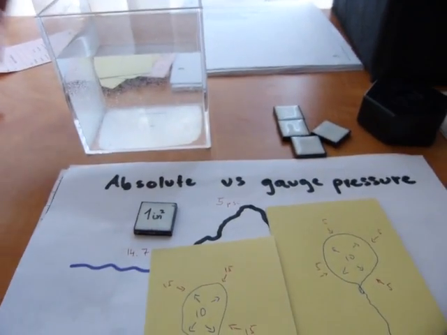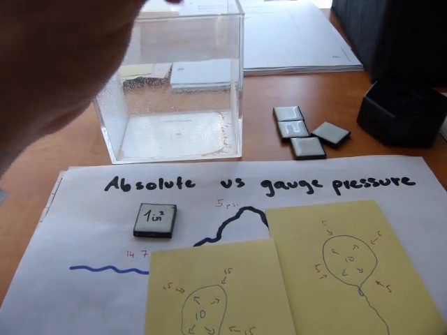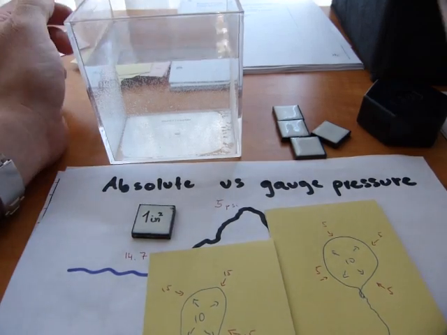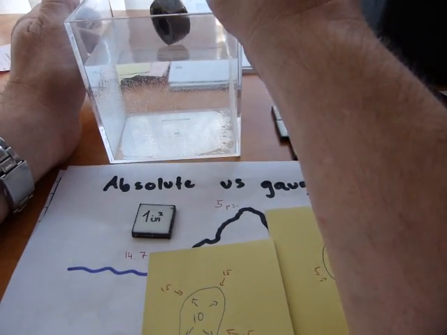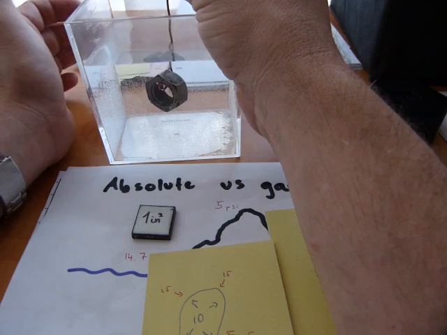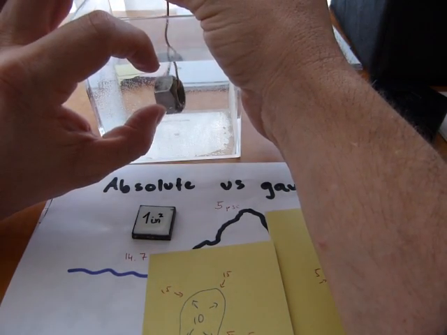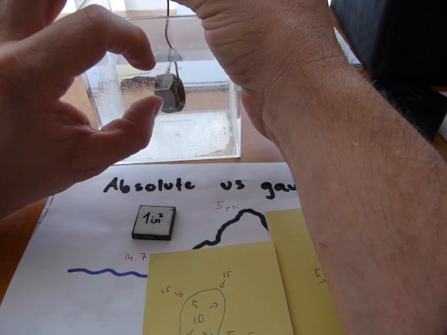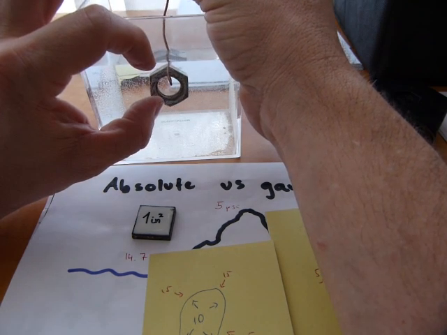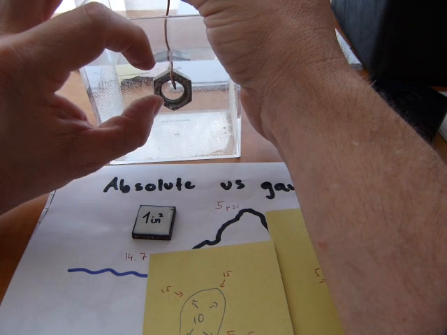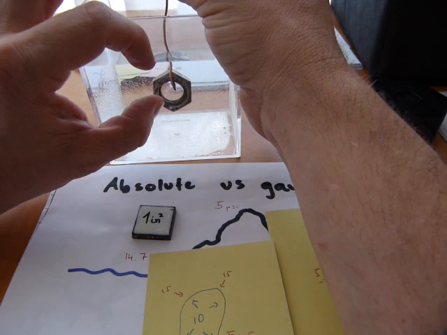Last few seconds here. I got a liter of water here or so, and as I immerse this steel nut here, just as with air, the thickness of water above the steel nut is what's causing a hydrostatic pressure on this one.